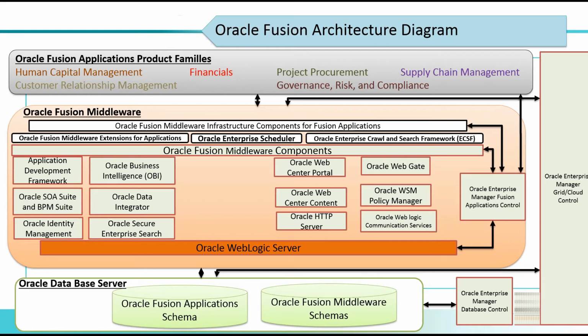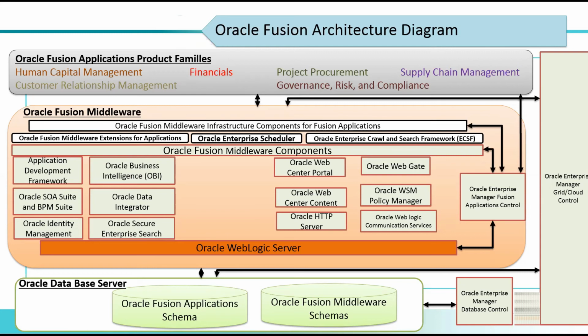So typically, mostly your company security administrator, maybe a DBA or your application administrator typically use OEM to monitor the applications, to manage the applications basically. Okay, so these are all the various components which are available in the Fusion application architecture.